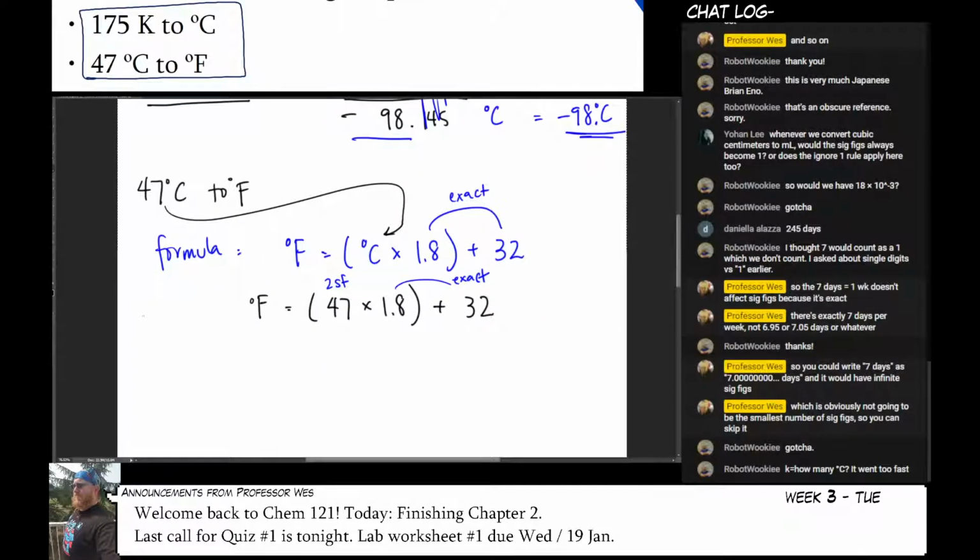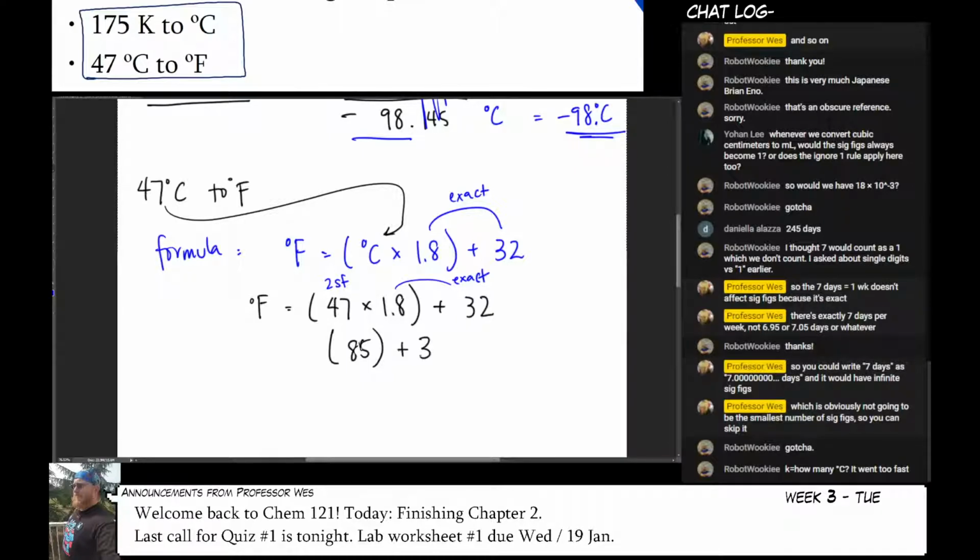So let's do the problem. 47 times 1.8, according to the calculator, is 84.6. I can only report 2 sig figs, so in my parentheses, that's going to become 85. That should be a 5. I just messed up with my pen there. 85.